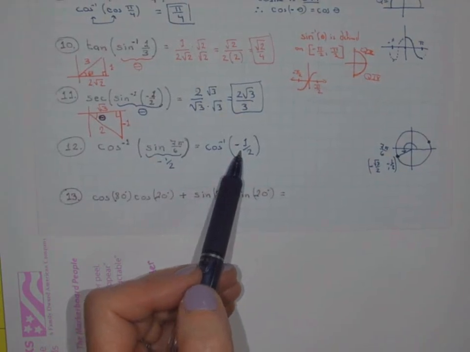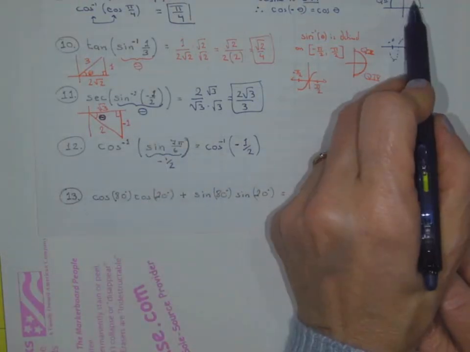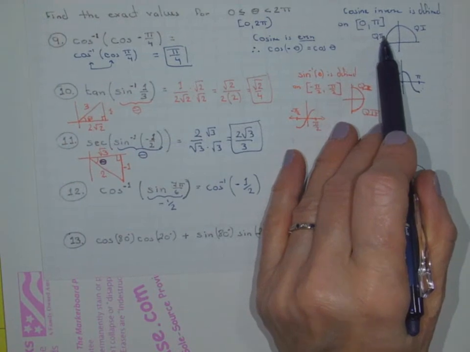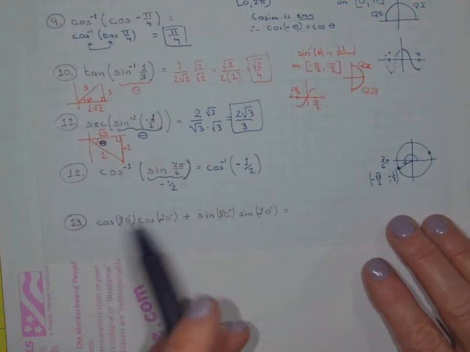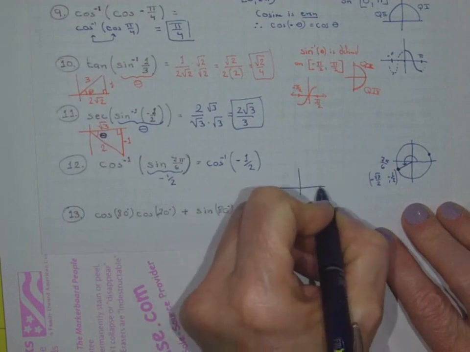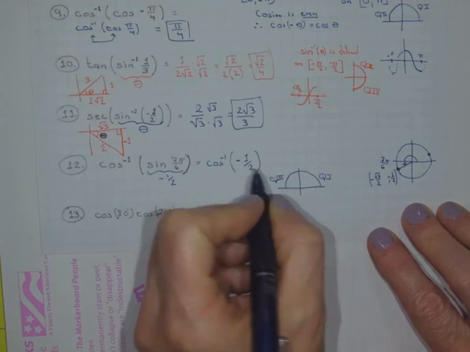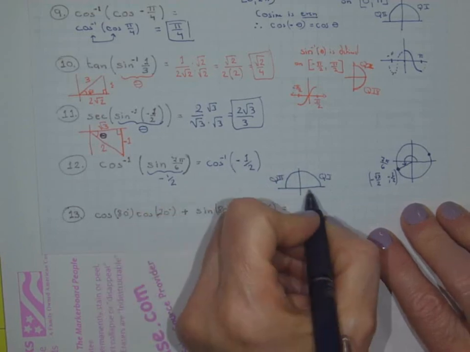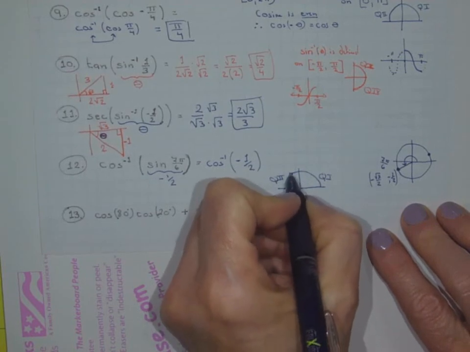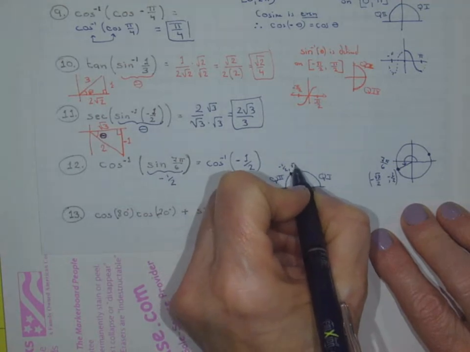So think about your unit circle, and remember cosine inverse you can only be in quadrant 1 and quadrant 2. So we have to make sure that we're going to be there. So quadrant 1 and quadrant 2, I'm going to kind of draw that there. I want my cosine to be negative 1/2, so the cosine is going to be negative 1/2 right here, because this is where my ordered pair is going to be negative 1/2, square root of 3 over 2.